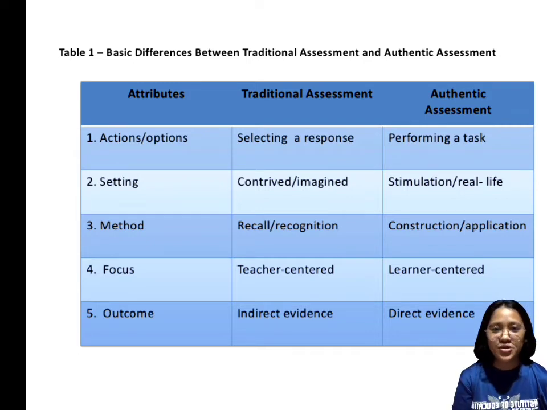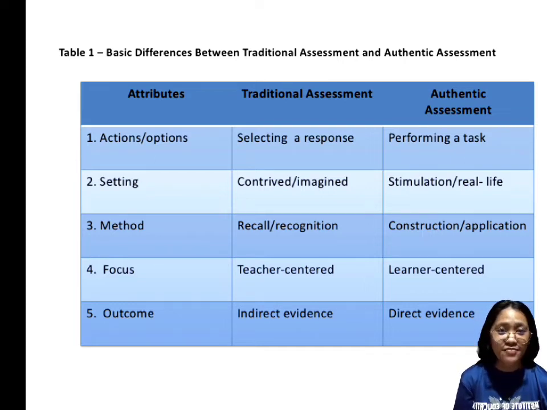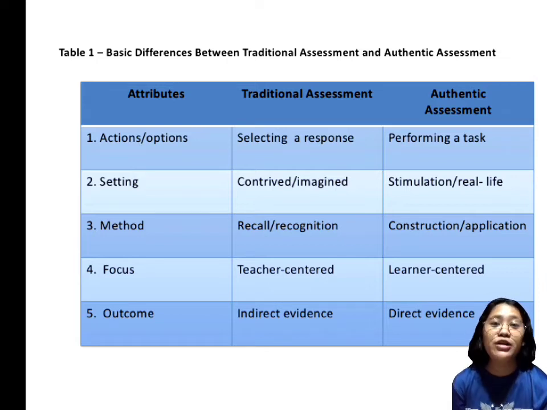The last attribute is the outcome. In traditional assessment, it says here indirect evidences. It means that the student's learning progress is gathered by means of test papers, quizzes, and exams. Your results in those test papers, exams, and quizzes will reflect how far your learning progress is.